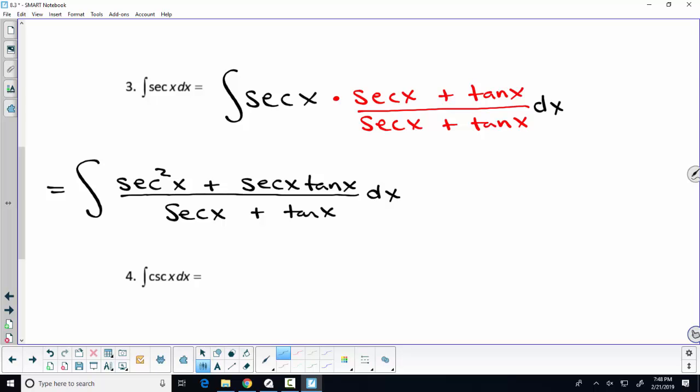And so looking at the denominator, what's the derivative of secant? Secant tangent, plus the derivative of tangent, secant squared. So the derivative of the bottom function is now up top. So the antiderivative of secant is the natural log of absolute value secant plus tangent.